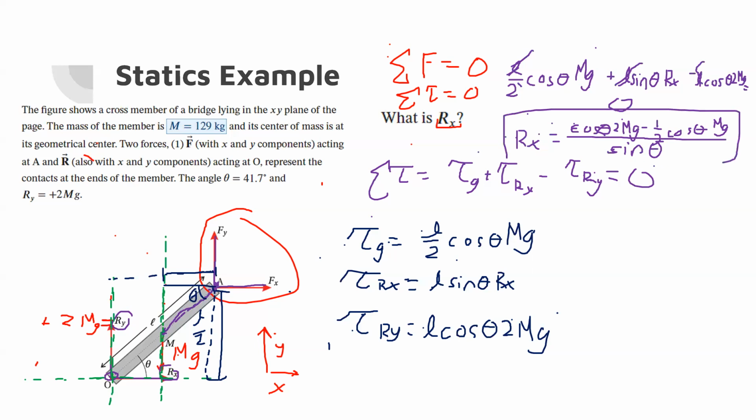And then once we know this force, it's actually pretty easy to solve for the other forces, these Fx and Fy, because Newton's second law is still true. Since we're in static equilibrium, the force Rx has to be equal and opposite to the force Fx, because if it wasn't, then the ladder or this bearing would move, this cross member.